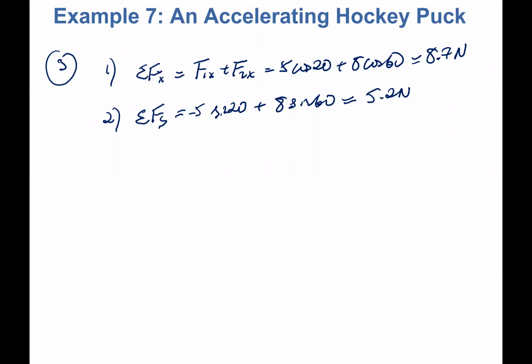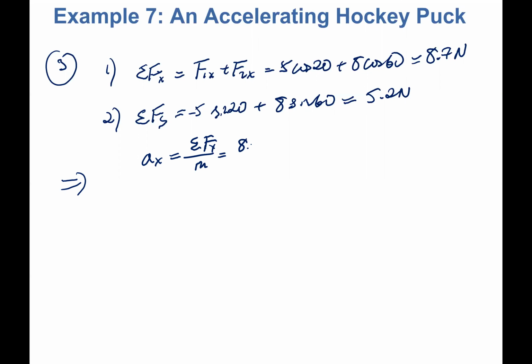Now, what I'm going to do next is this. Remember, I want to find acceleration in terms of its magnitude and direction. And there are two things I can do right now. Let me show you the first way. I can find the X component of acceleration, which is net force in the X direction over mass.